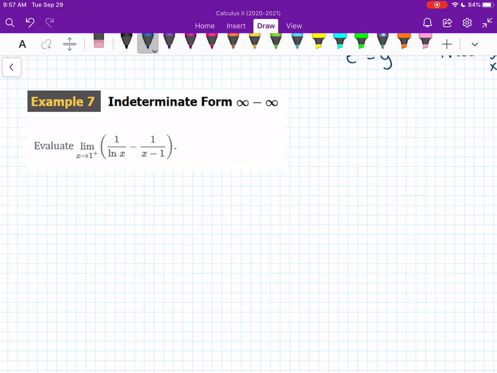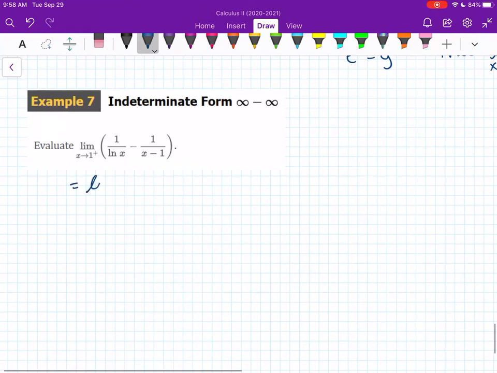Here we have a limit as x approaches 1 from the right of 1 over the natural log of x plus 1 over x minus 1. And if I look at this right now, I have infinity minus infinity, which is not super helpful.